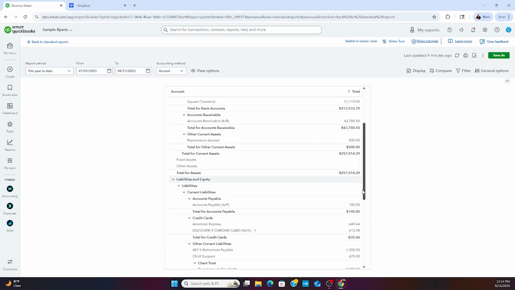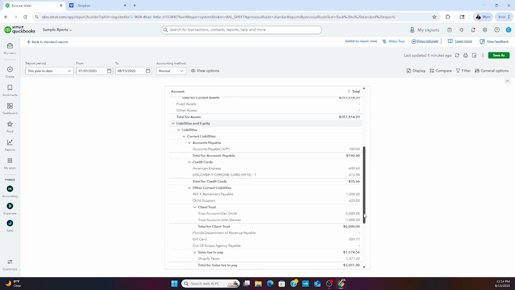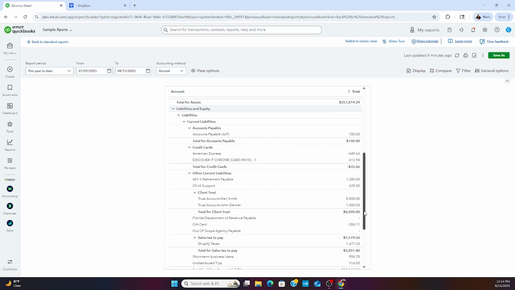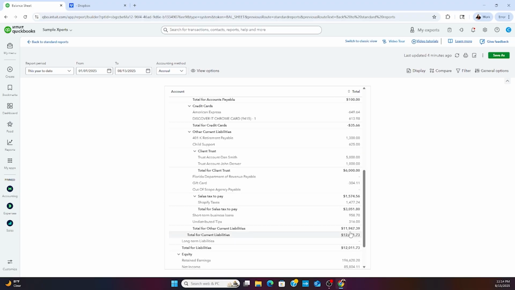Current liabilities would be like your accounts payable, your credit cards, your 401k, maybe money you owe to your employees that you withdrew from their accounts, your sales tax payable, and so on. So you have your total current liability here. You're going to divide the total current assets by the total current liability. In this case, the current liability is only 12,000.